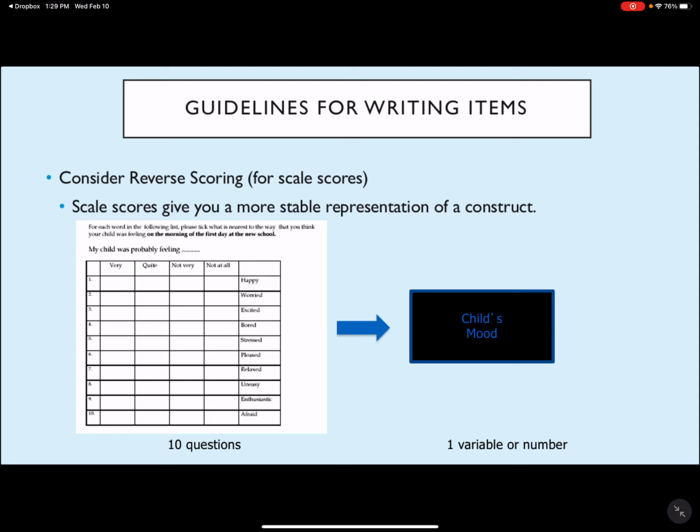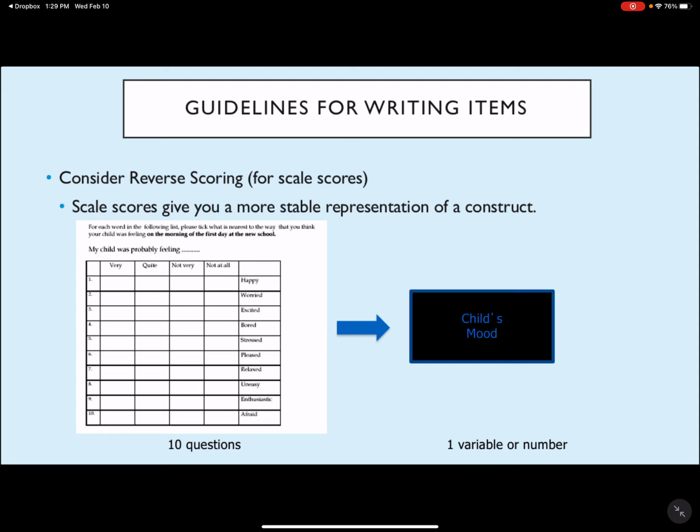It asks parents how their kindergartner was feeling on the first day of school. The school wanted to make children very comfortable on the first day of school, but first they needed to know how they were feeling. So the survey was for the mother.